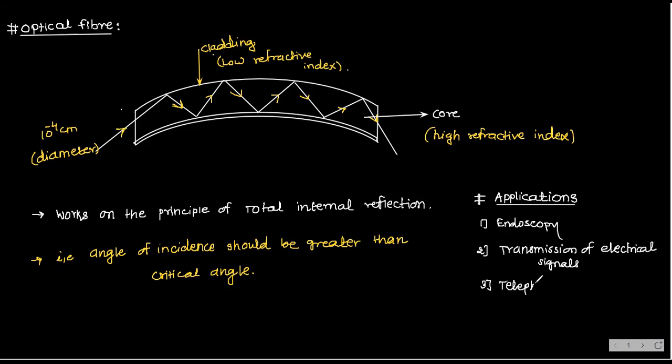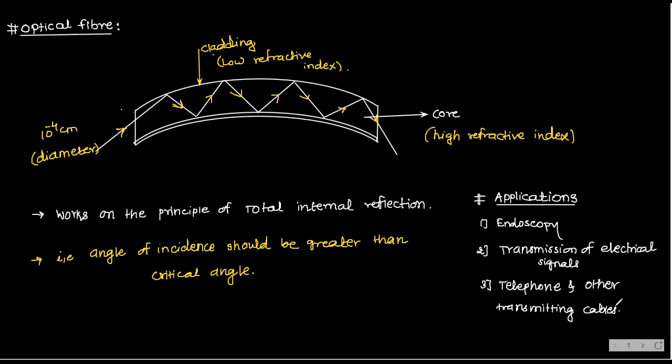That is our data lines, we can say. We are getting internet, no? That is also with the help of this optical fiber. These are the applications of this optical fiber.